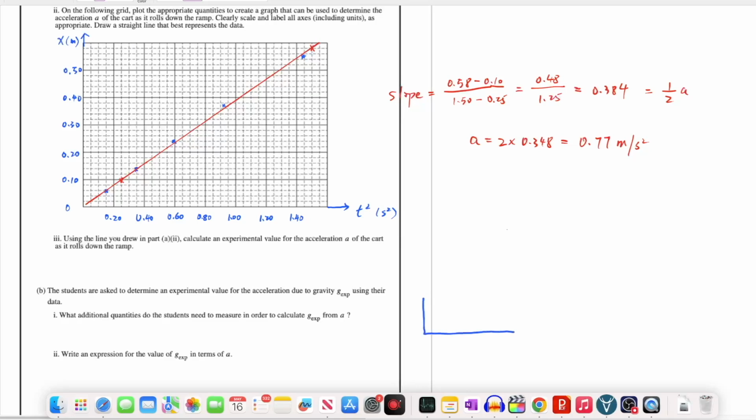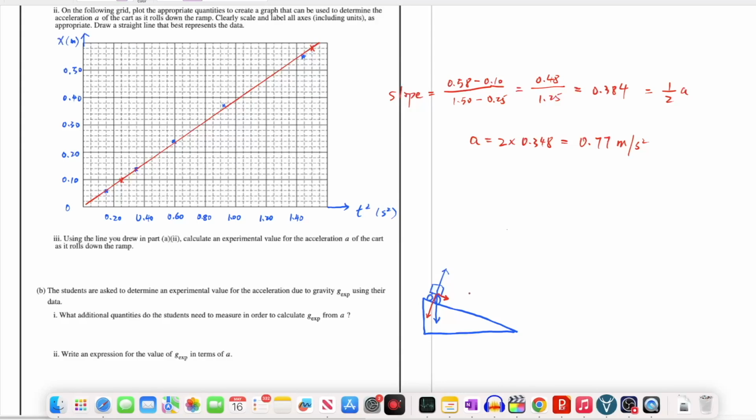Suppose this is the ramp. We have a cart. There is a gravitational force acting on the cart, and there is also a normal force. The perpendicular component of the gravitational force is balanced by the normal force, and there is a parallel component left.